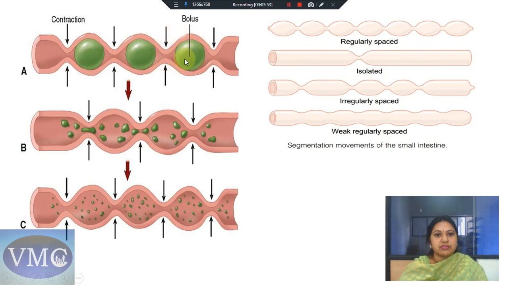You can see the contraction of a particular part, then the next part, then the next, and this causes a crunching of the food. It is getting broken into smaller particles. Here also you can see these are all segmental contractions. These are irregularly spaced, weak contractions.